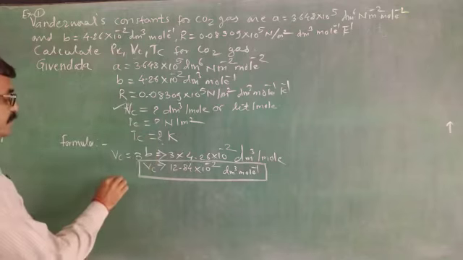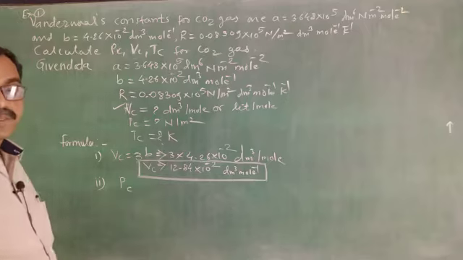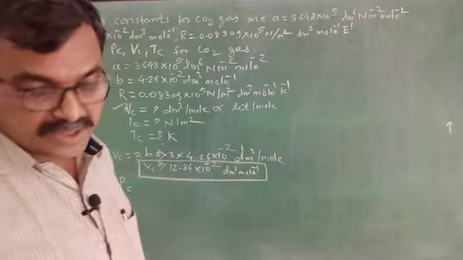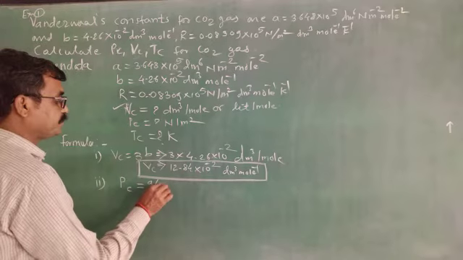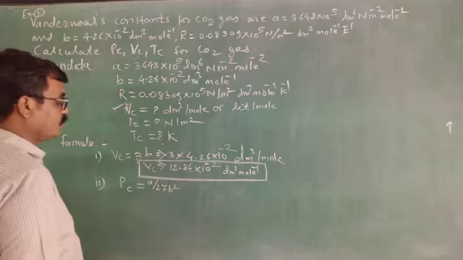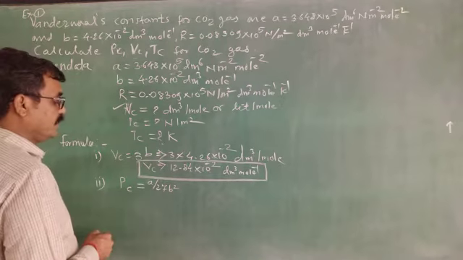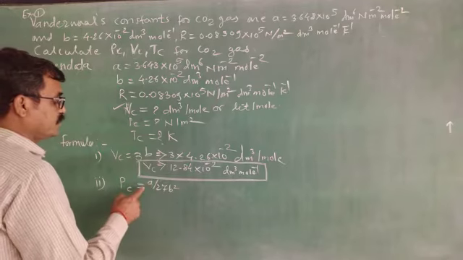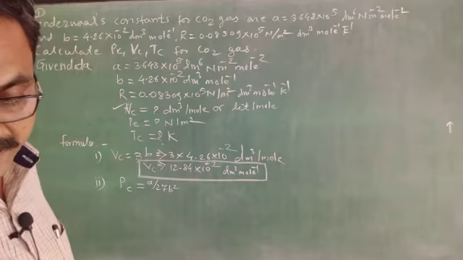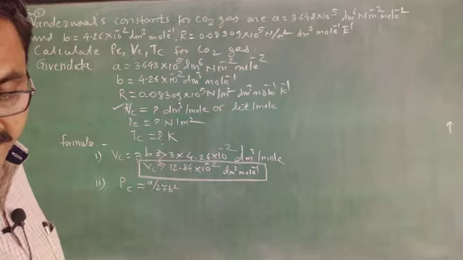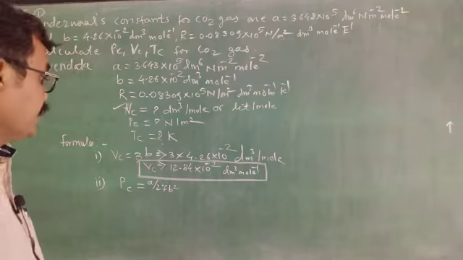Now, what is the second formula? Second formula for PC. PC is equal to a upon 27b square. This is our formula. So the value of PC will be: first of all, a.